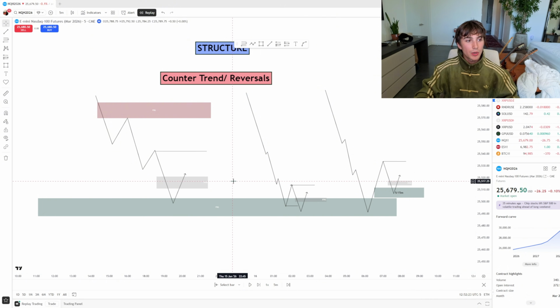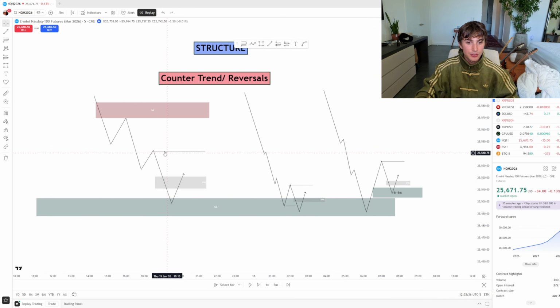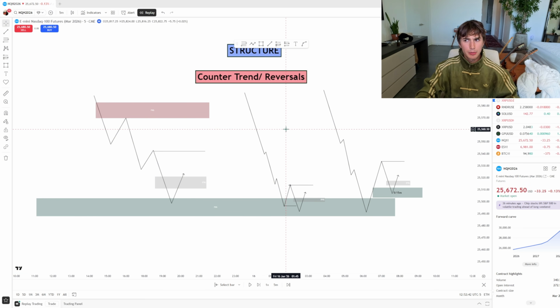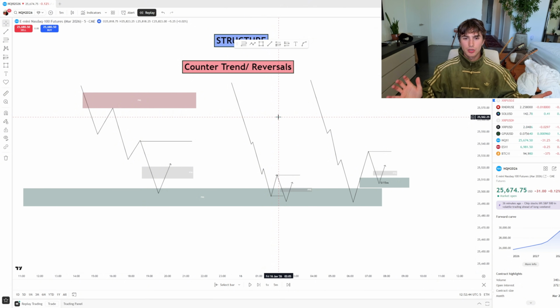And so all these things, what it tells us is, okay, as we're delivering lower, price is clearly generating liquidity and a narrative that we could go higher as we're coming down, and then we hit that higher time frame key level, and now we have this clear swing high, clear inversion to the upside, and we can target these gaps because they're targetable. They're just good targets to have.